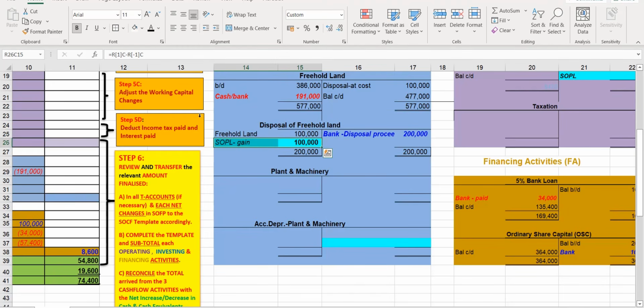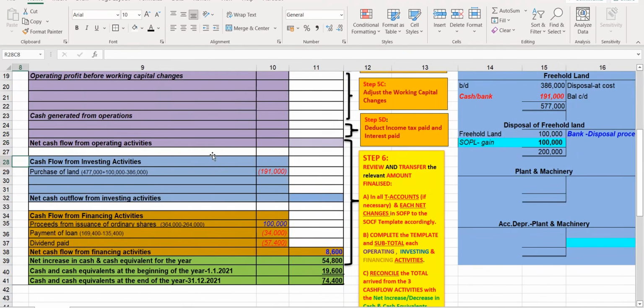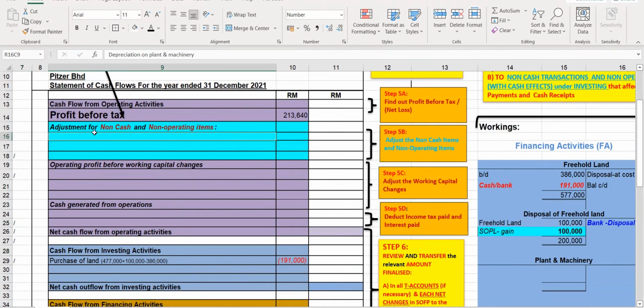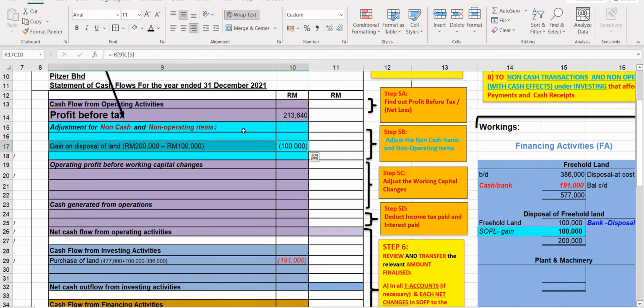The difference of this 100,000 is a non-cash item. Non-cash item means this has nothing to do with cash flow, but you need to adjust it against your profit before tax, because before you arrive at profit before tax, the gain has been included. So this gain of 100,000 now needs to be reduced against the profit before tax. So we start off with that item here, which is the gain on disposal of land.